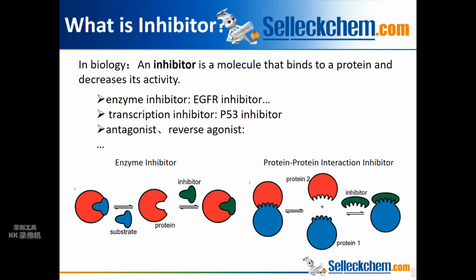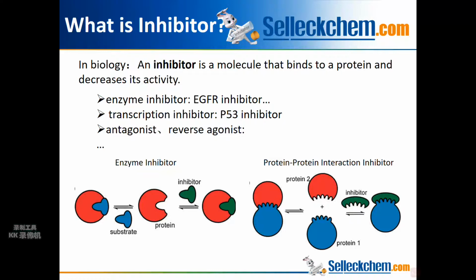What is inhibitor? From a broader perspective, inhibitor is a molecule which could reduce or block the activity. From a biological point of view, inhibitor is a molecule that binds to a protein and decreases its biological activity.